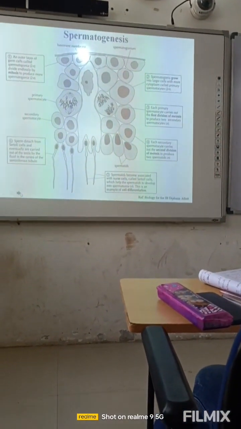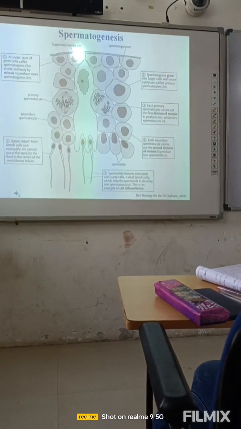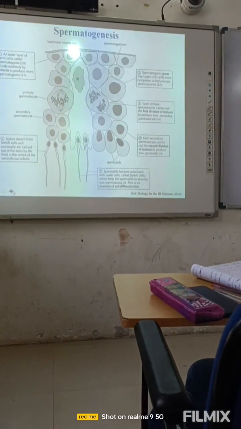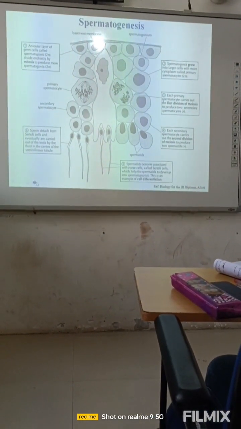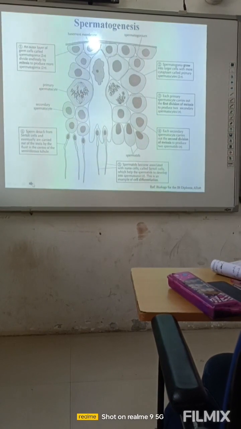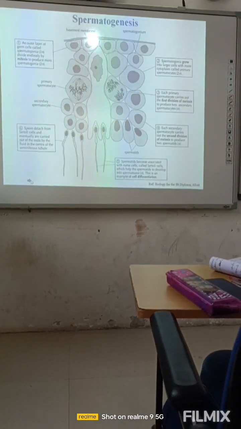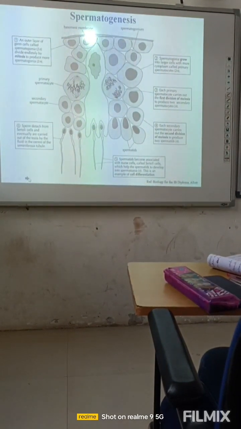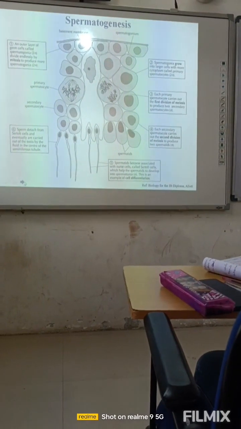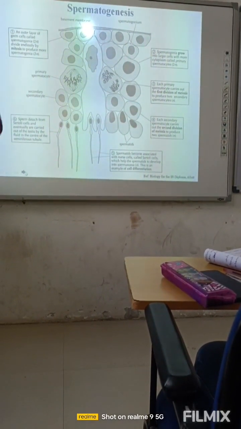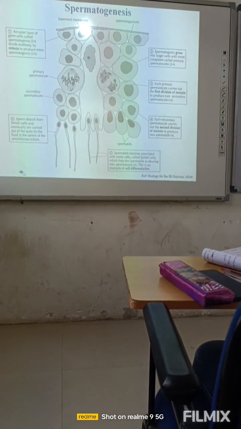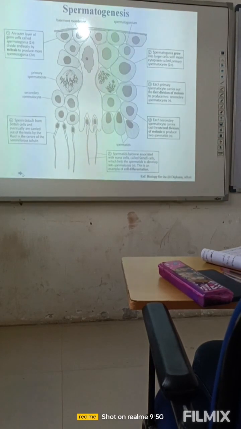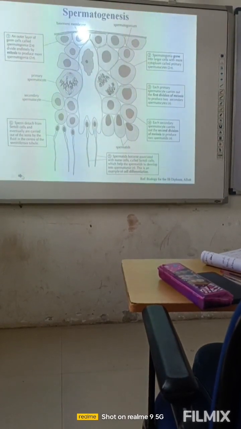See what is happening in spermatogenesis. In the first stage, an outer layer of germ cells called spermatogonia. In the second stage, the spermatogonia enlarge and form primary spermatocytes. Third stage, which is most important: each spermatocyte carries out the first division of meiosis, but halts at, I already explained, which stage?